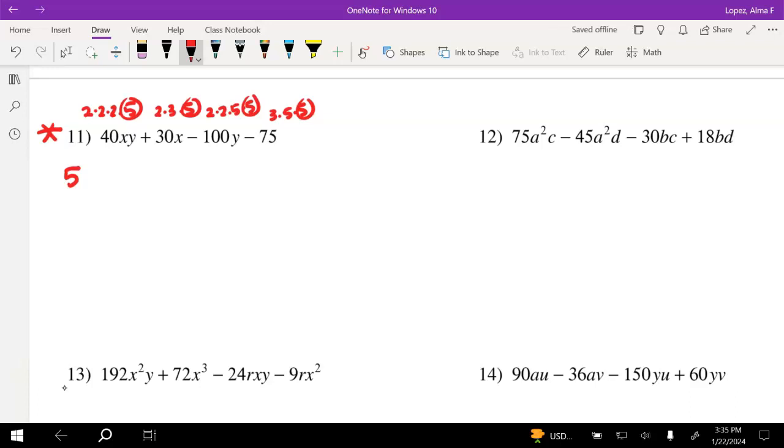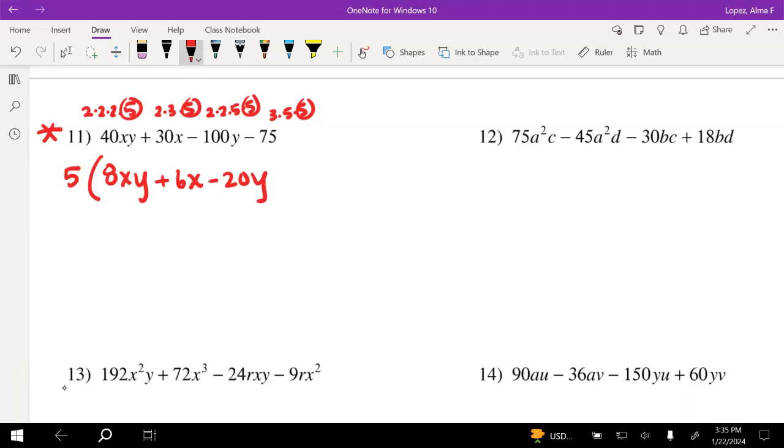That is always to your advantage to see ahead of time because that will make the numbers that are left that much smaller. In fact, if you factor the 5 out of the first term, you're going to be left with an 8xy. If you factor the 5 out of the second term, you're going to be left with a positive 6x. If you factor it out of the third term, it's going to leave behind a minus 20y.